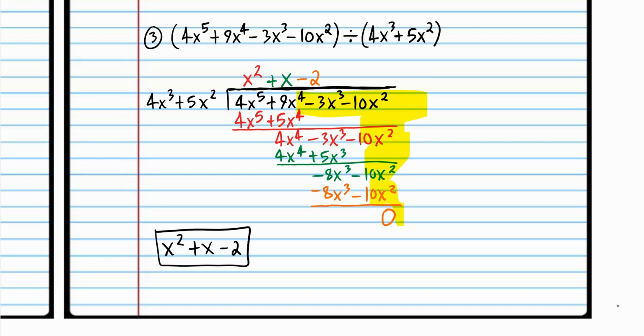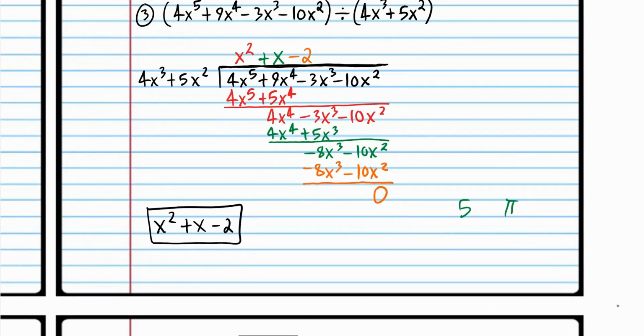Our remainder is 0. Our degree here is smaller than the degree up here, because if you have a 0 term, the degree is just assumed to be 0. Remember, any constant number, whether it's 5 or pi or whatever, is assumed to have a degree of 0.